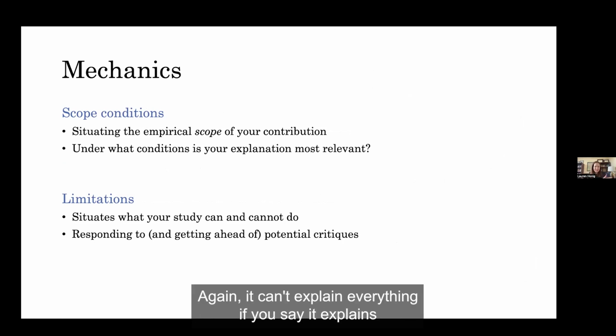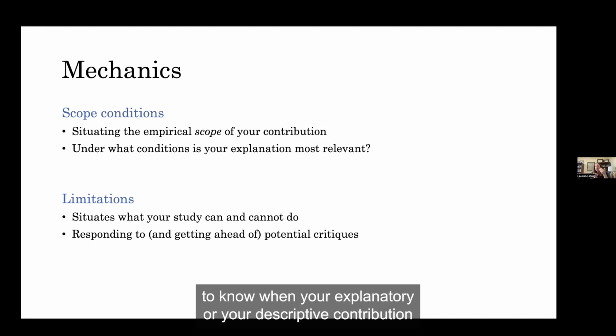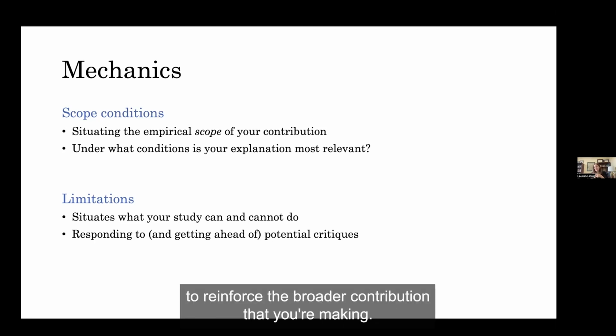Again, it can't explain everything. If you say it explains everything, people will be very suspect. But you want to help guide your reader to know when your explanatory or your descriptive contribution is relevant outside of that specific country or that specific case or that specific time period. And ideally, you want to do this in a way that helps to reinforce the broader contribution that you're making.